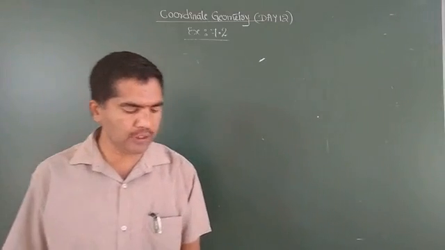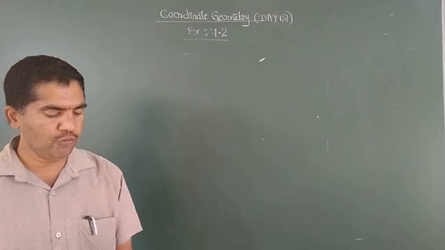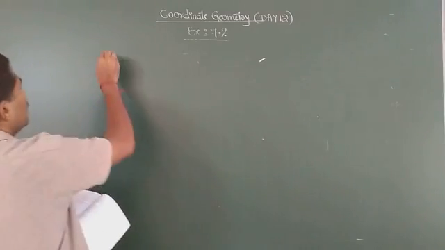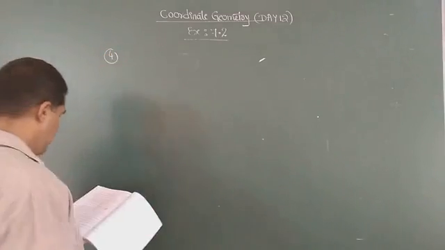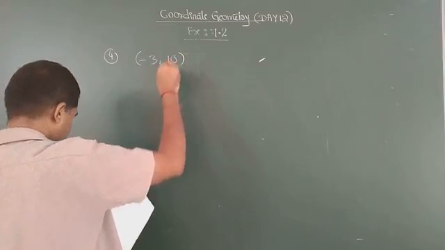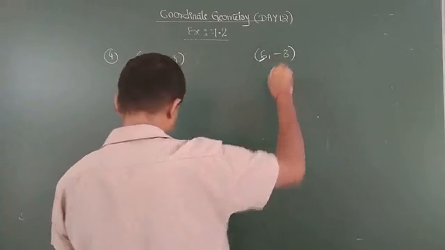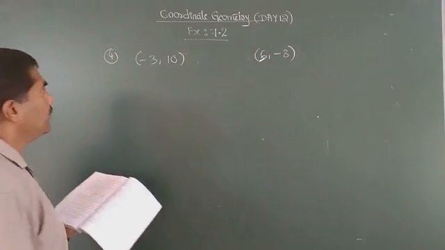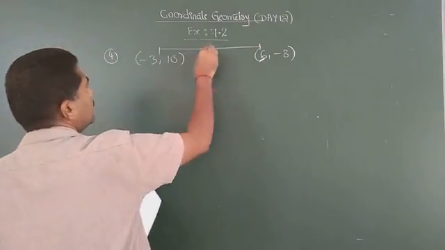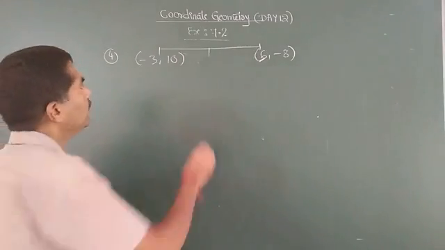Find the ratio in which the line segment joining points (minus 3, 10) and (6, minus 8) is divided by (minus 1, 6). So half of the problem I will do, the remainder can be done by you. So there are 2 points (minus 3, 10) and (6, minus 8), and the line segment joining these two is divided by the point (minus 1, 6).